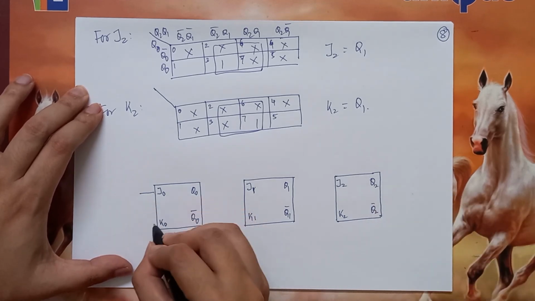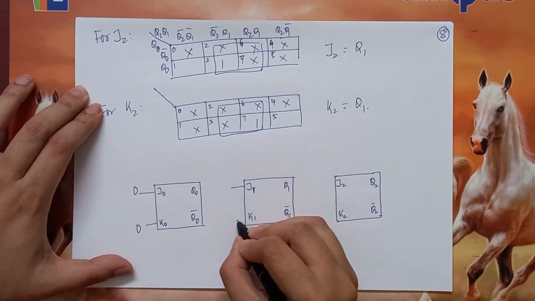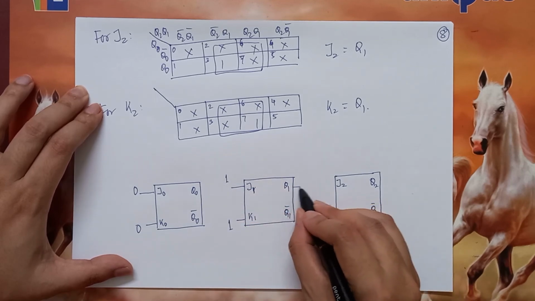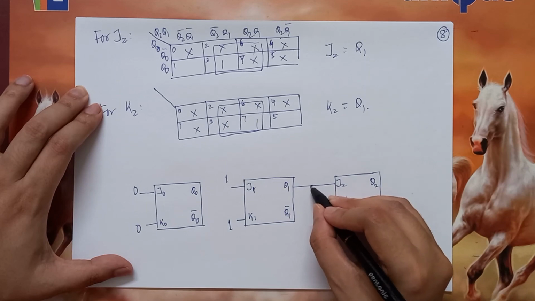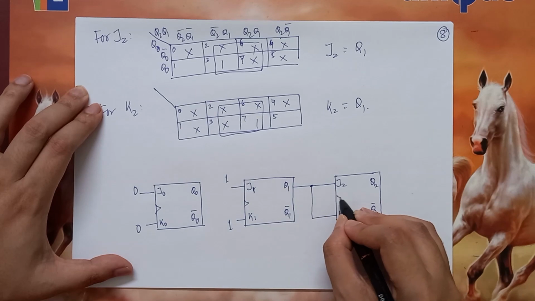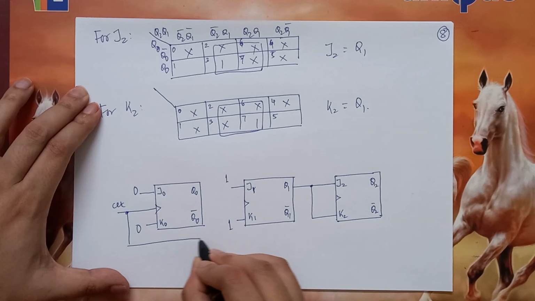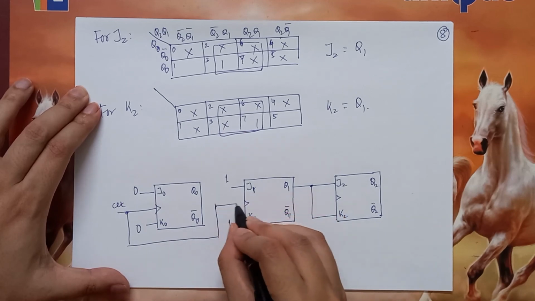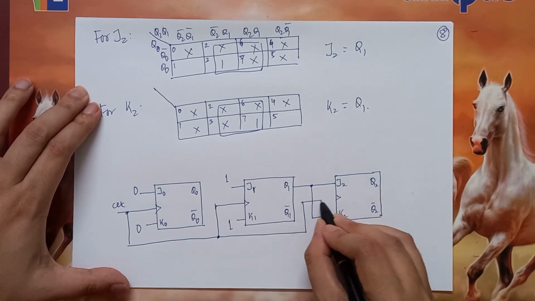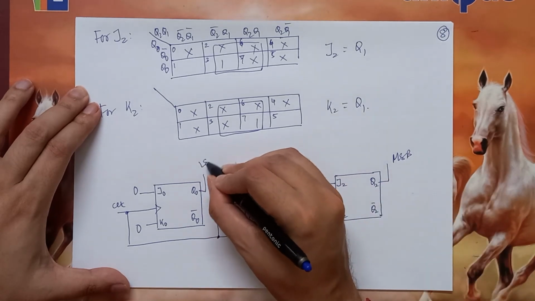So we saw that J0 and K0, we can make both as 0. J1 and K1 are both 1. J2 is equal to Q1, K2 is also equal to Q1. And we need to show the clocks as well. Where again Q2 is the MSB, Q0 is the LSB.